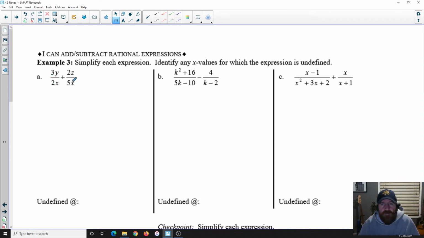It doesn't have to be the least common denominator, we could do any common denominator. But to keep it simple, the 2 and the 5 don't have a common coefficient. So what we're going to do is multiply those together. So the common denominator would be 10, and then x shows up in both of them, so we just have x.